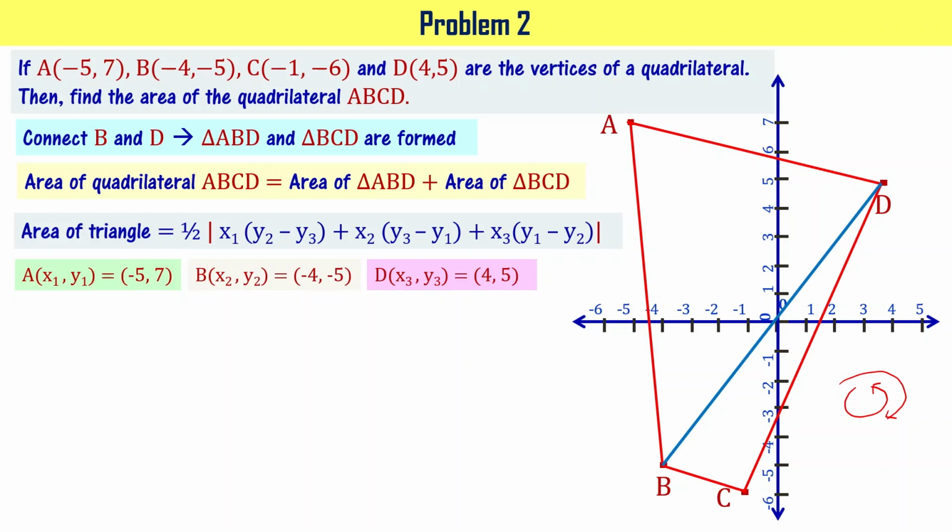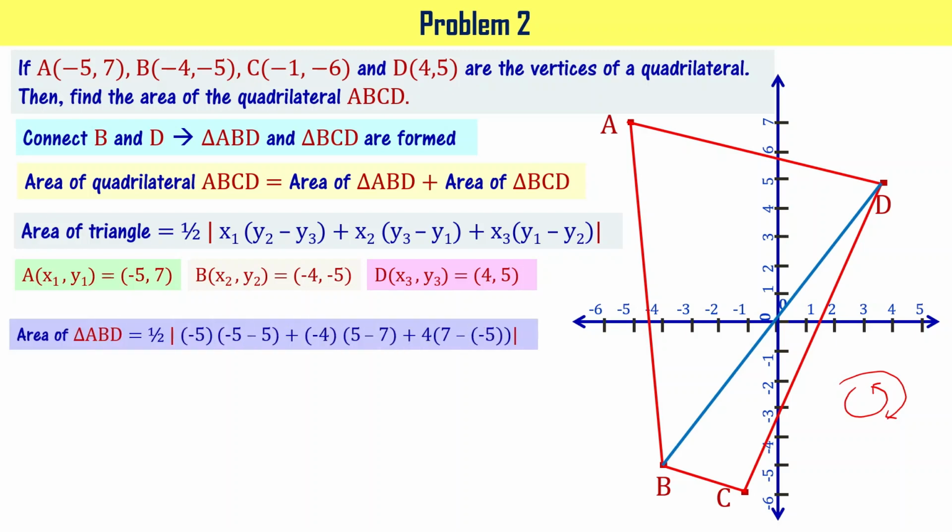Now let's substitute the values of x1 y1, x2 y2, x3 y3 into the formula of area of triangle, so that I can get area of triangle ABD as half modulus of minus 5 for x1 times (minus 5 minus 5) for y2 minus y3, plus x2 is minus 4 times (y3 minus y1 is 5 minus 7), plus x3 is 4 times (y1 minus y2 is 7 minus 5), right?